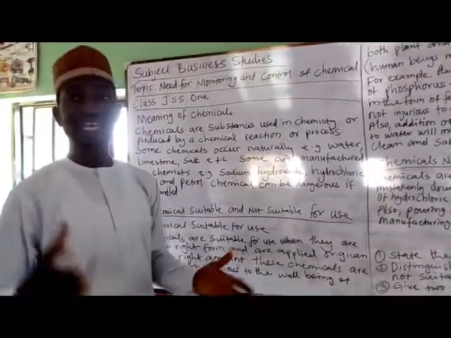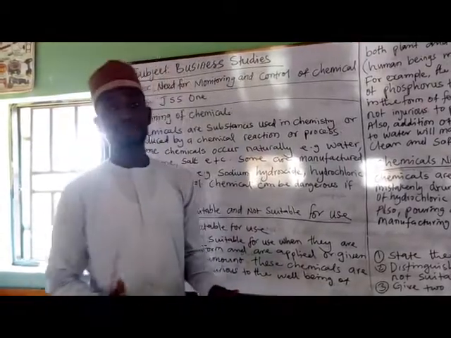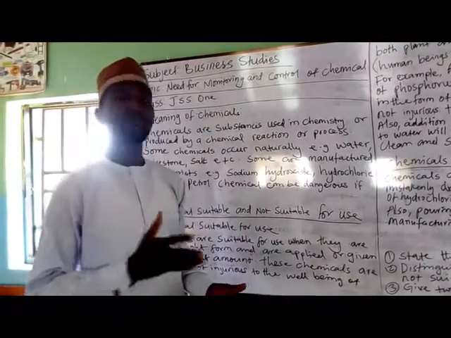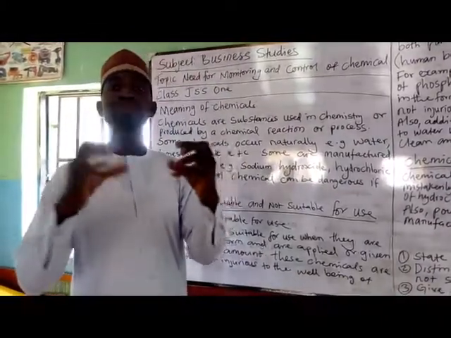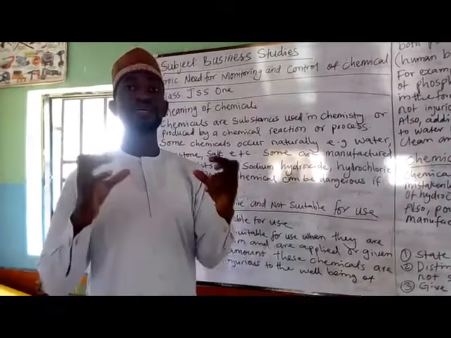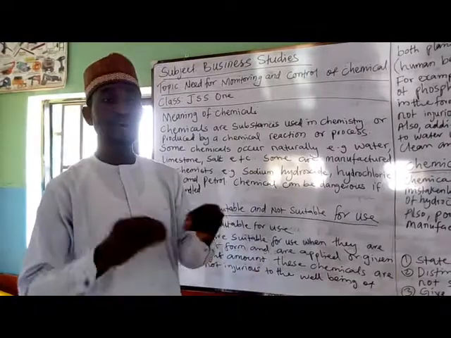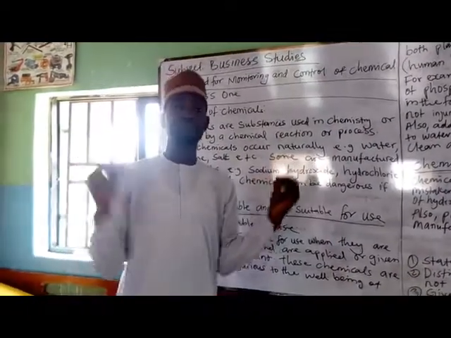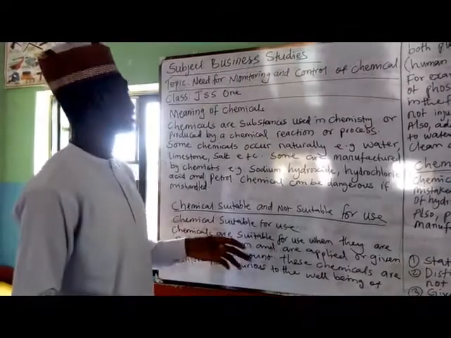And some of these chemicals are also produced by chemists. Who is a chemist? A chemist is a person who studies how chemicals are prepared or mixed in the laboratory.